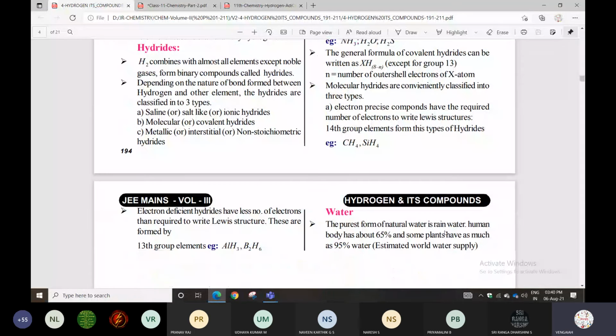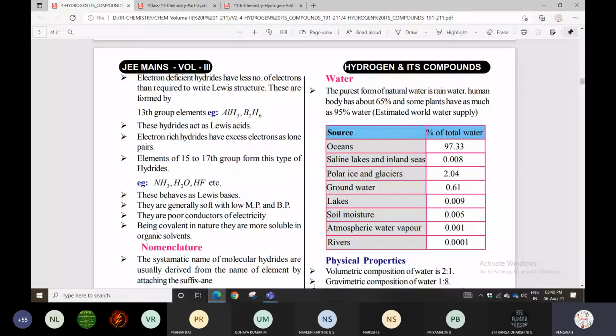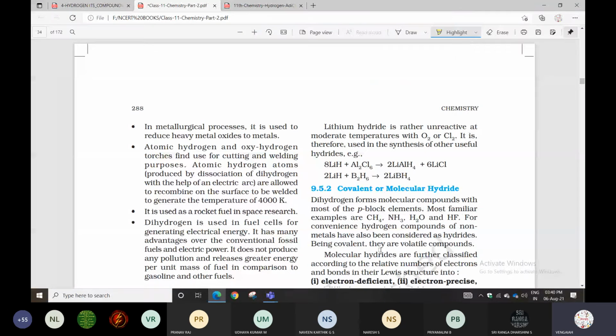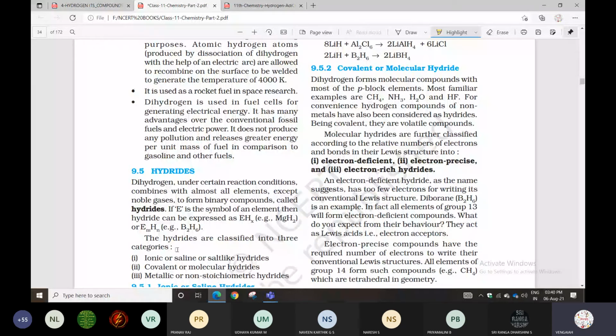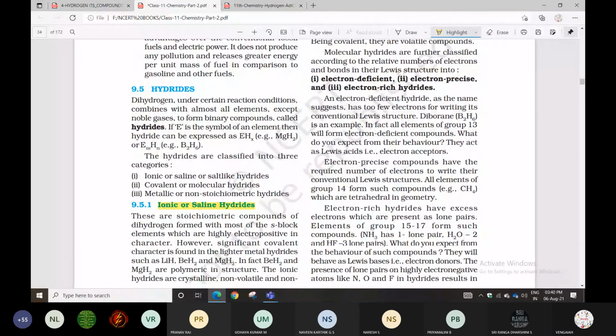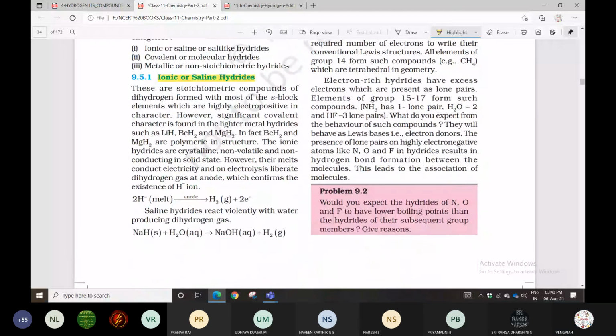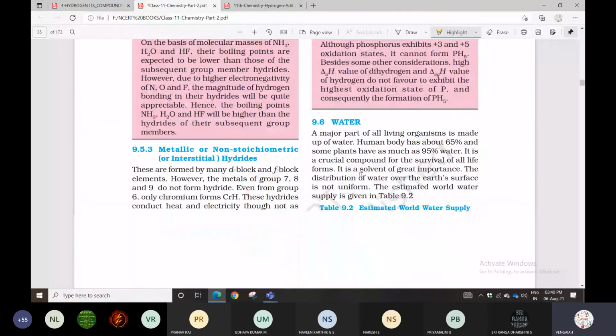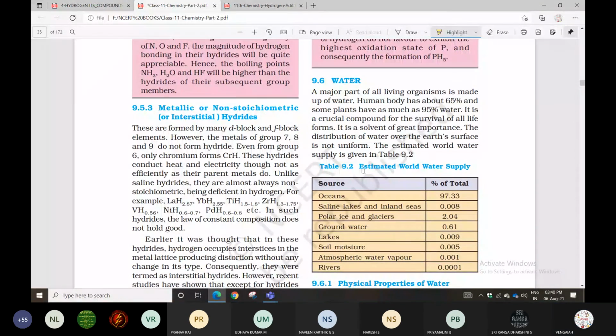So these elements you can say hydride gap. What is the meaning of ionic and covalent hydrides? Next one is metallic hydrides also. Okay? Now I will ask questions based on those topics.